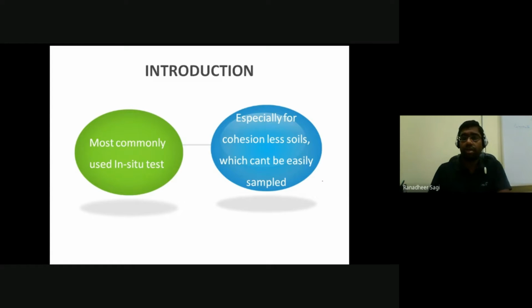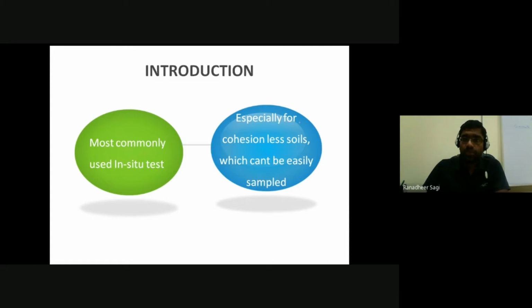The reason for preferring this test is that, as there are varieties of correlations available in the literature, it is easy to find out your required property of the soil based on your SPT N value.